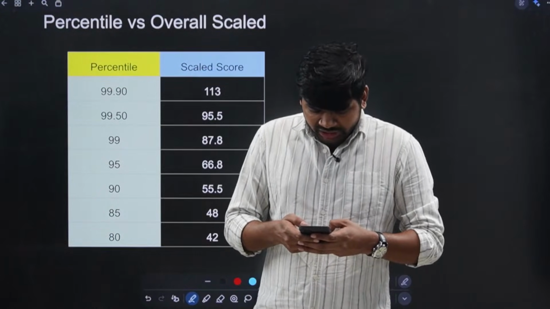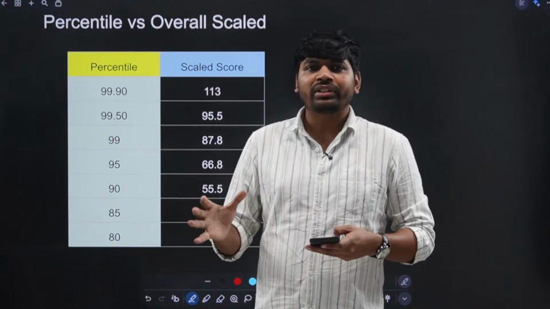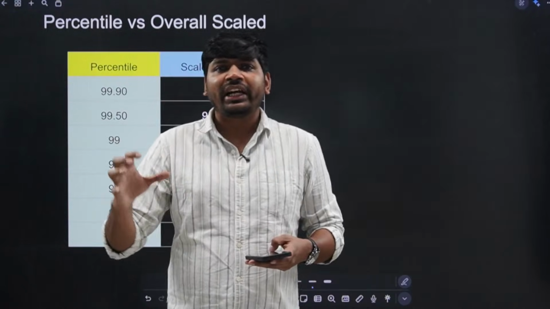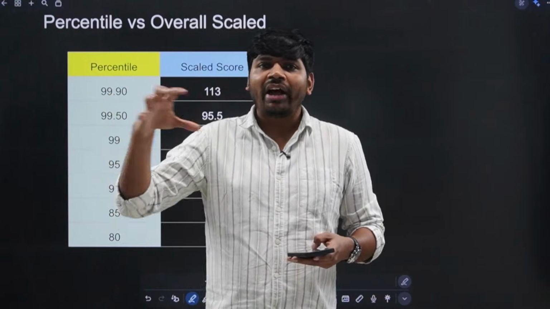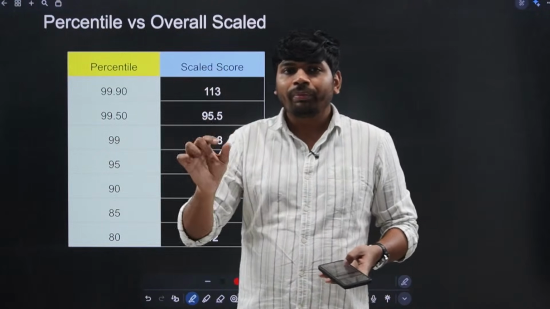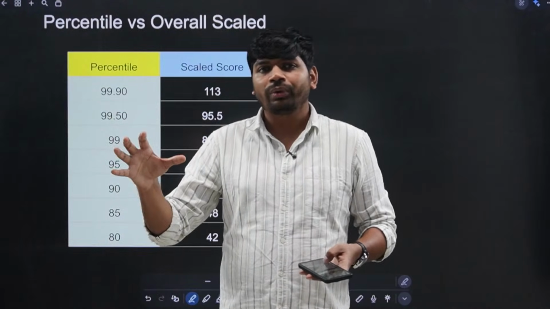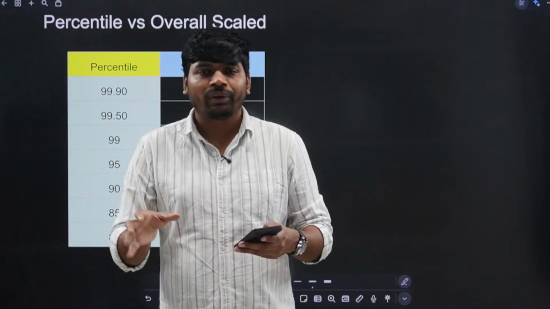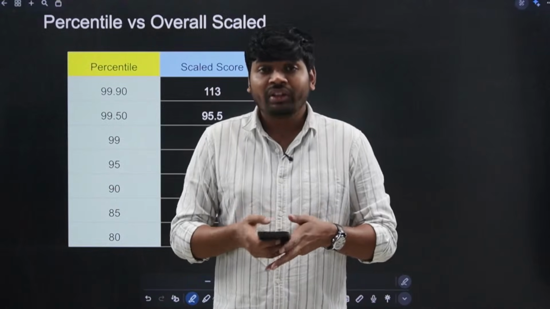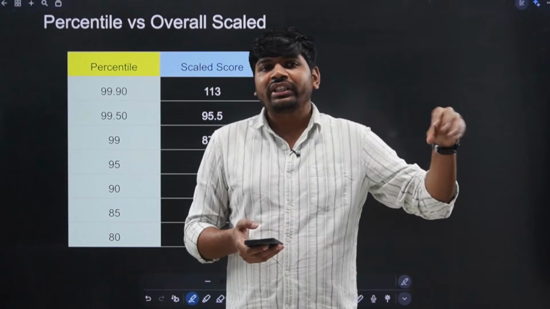Why is slot 3 DILR scaled up and down at the same time? This happens because in the scaling formula you have to consider the average of your slot, and it depends on what the top 0.1 percentile people scored, and that factors a lot. For people who have obtained higher marks, the deviation is higher.